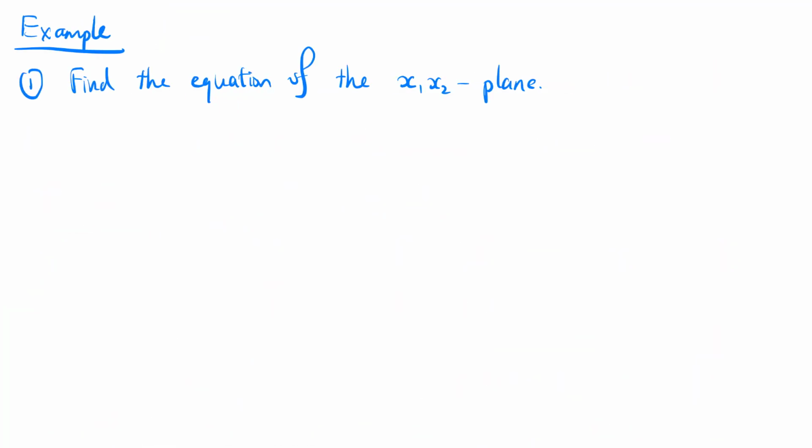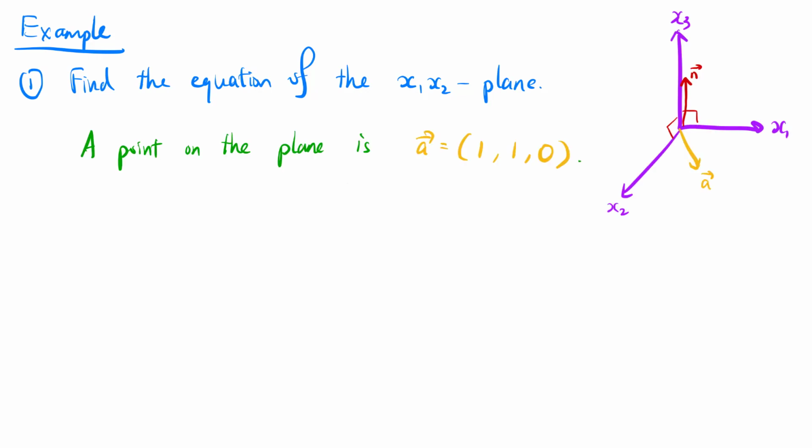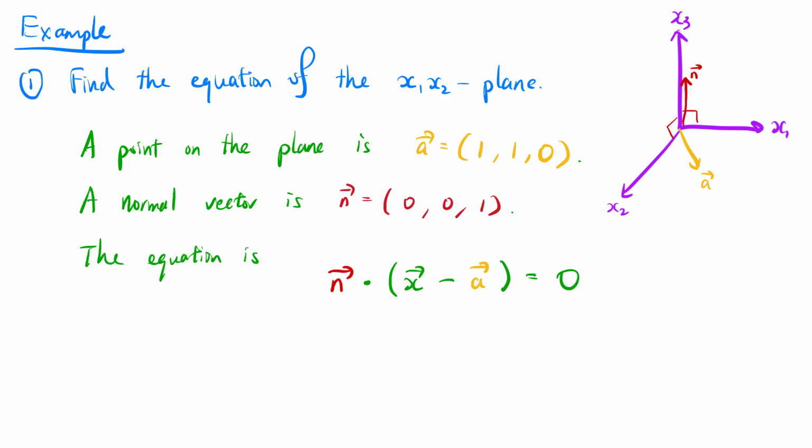Let's look at an example. Suppose we want to find the equation of the x1, x2 plane. A point on the plane is A, which equals the vector 1, 1, 0. A normal vector is n, which equals 0, 0, 1. So the equation is n dot (x minus a) equals 0.